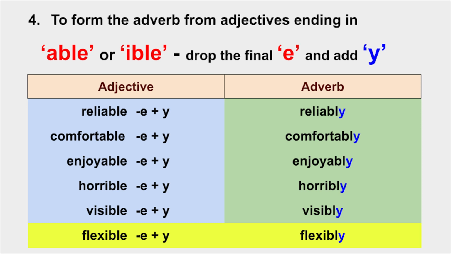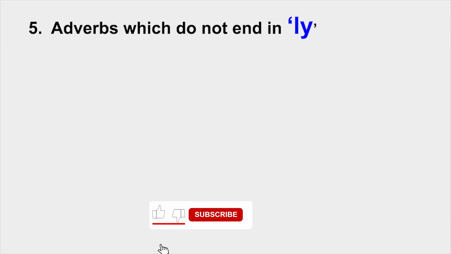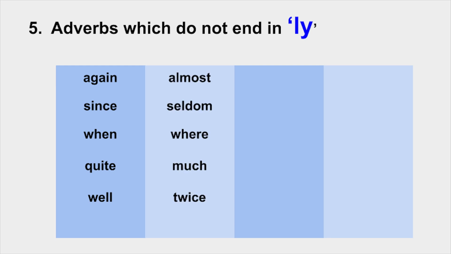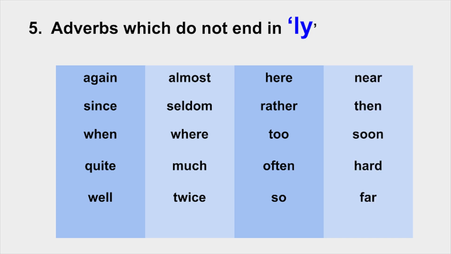Even though many adverbs are formed by adding ly to the adjective, there are many other adverbs which do not end in ly. Here is a short list. Again, since, when, quite, well, almost, seldom, where, much, twice, here, rather, too, often, so, near, then, soon, hard, far.